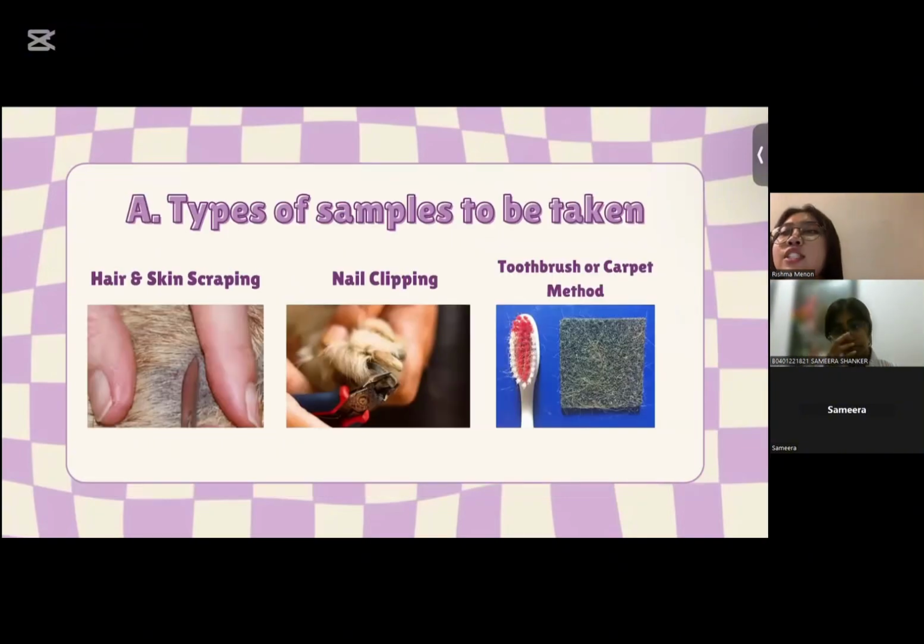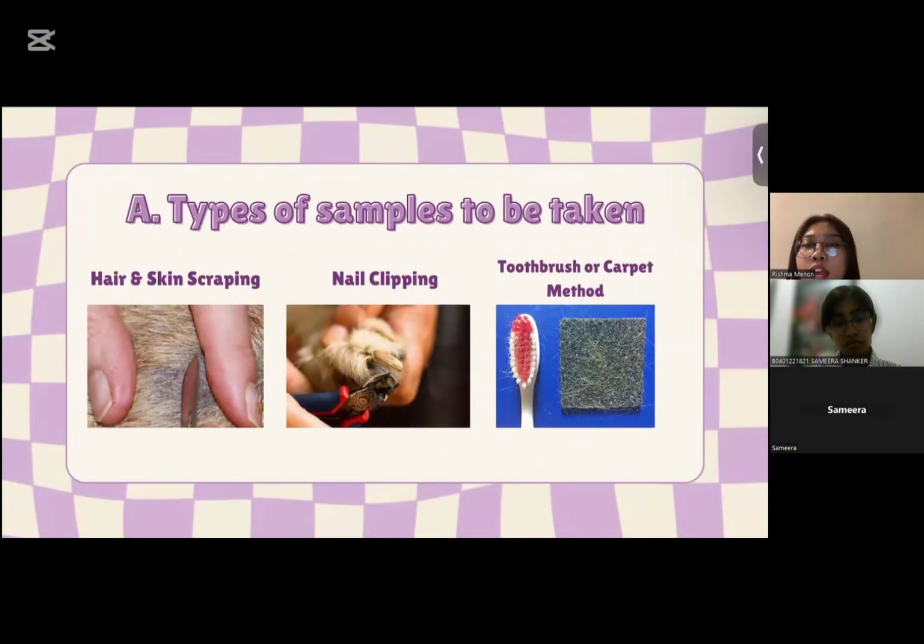So the first question was the types of samples to be taken. In the context of diagnosing Trichophyton mentagrophytes infection in animals, appropriate sampling is crucial for accurate identification and culture of the fungus. First, the most common sample type for dermatophytosis caused by Trichophyton mentagrophytes is hair and skin scraping from the margins of active lesions.